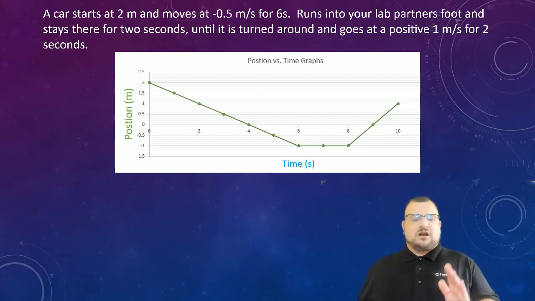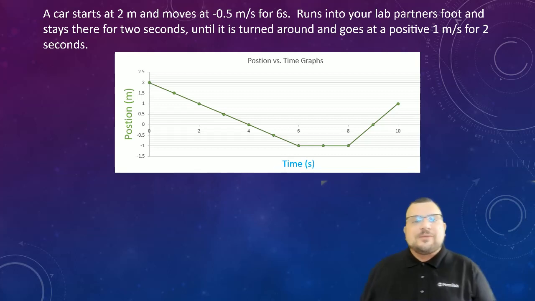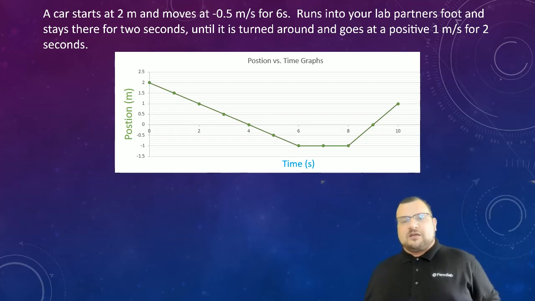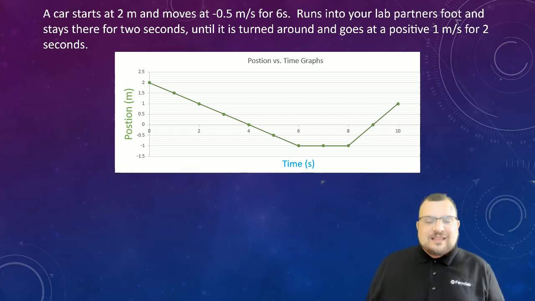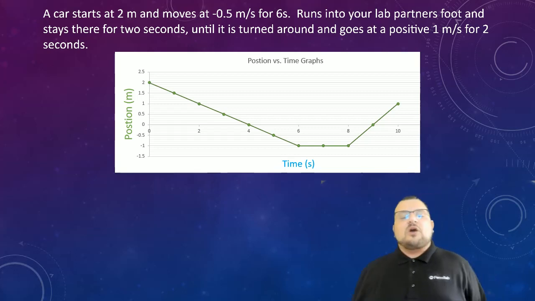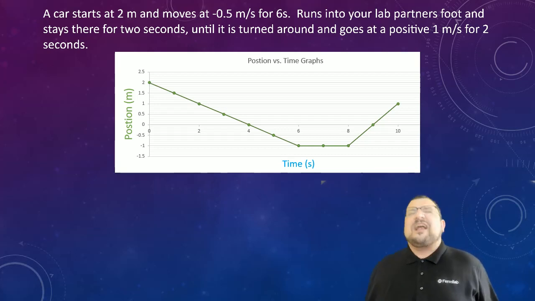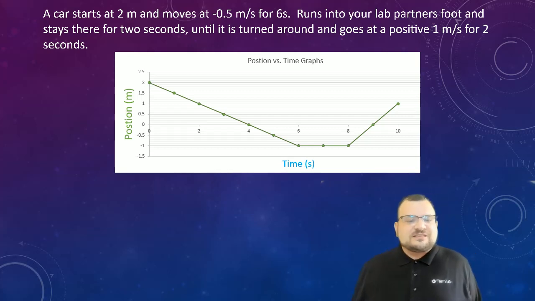Now we're at the origin, our 0 point at 4 seconds. Then we're continuing into the negatives at negative 0.5 at 5 seconds. And then at 6, we've now run into the lab partner's foot at the position negative 1. We're now sitting there for 2 seconds, and then the lab partner has turned it around, and we're going in the positive direction for 2 seconds, ending up at 1 meter. And you can see how this directly relates to the motion map that we drew on the previous slide.